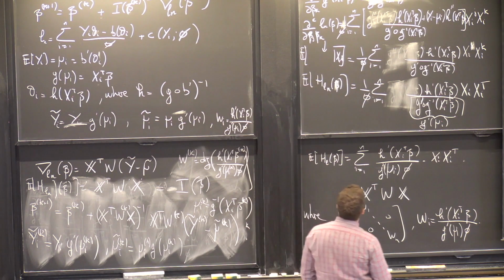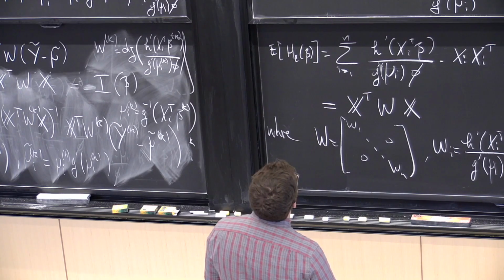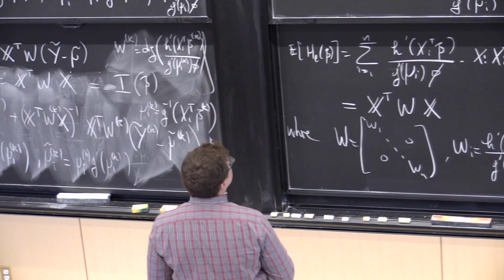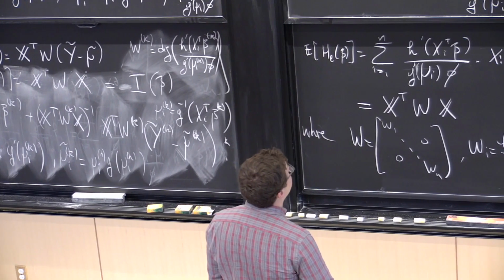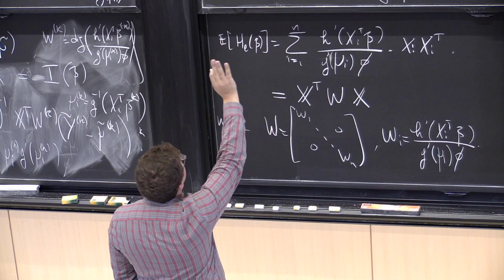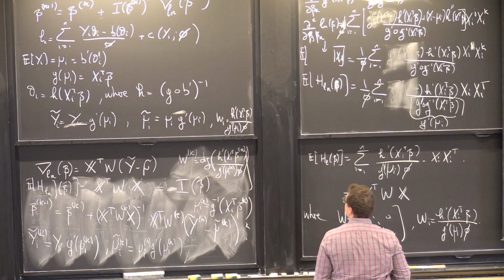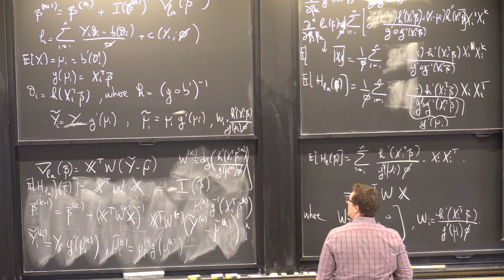Okay, let's see where I made my mistake. So there should be a minus here, there should be a minus here, there should be a minus even at the beginning, I believe.